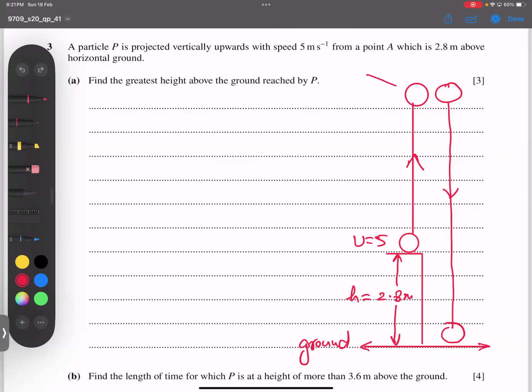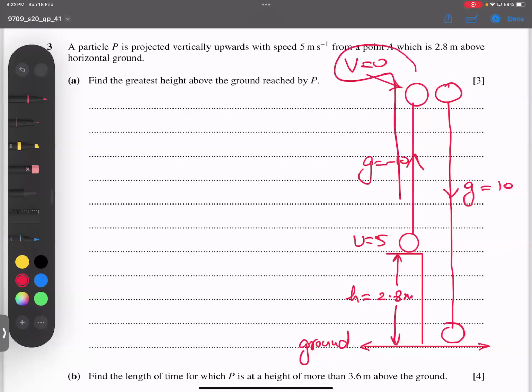So at this point, common sense, the last speed is 100% zero. We have 3 formulas, you know them very well. Going upwards, gravity is always -10; coming downwards, gravity is always +10.